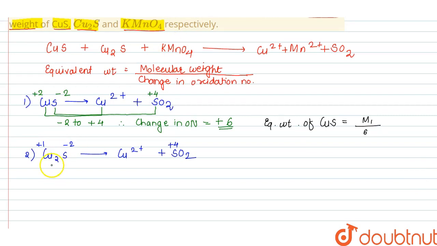Now when Cu+1 changes to Cu+2, the change in oxidation number is +1. But here we have two copper atoms. So for 2Cu, the change in oxidation number is +2.